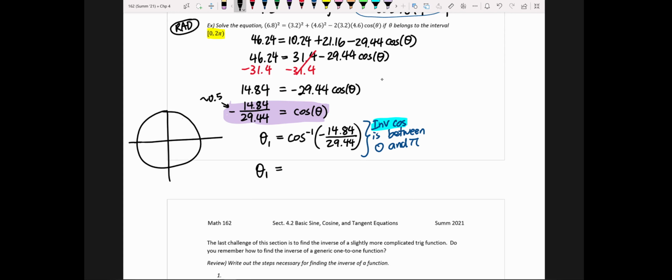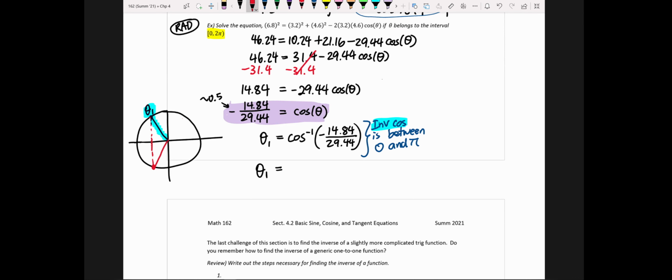So cosine of theta is approximately -1/2. Should be on this side. It's not exactly -1/2, so it's not on the unit circle. But theta 1 is going to be the answer between 0 and pi.